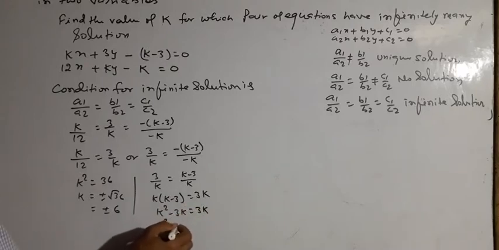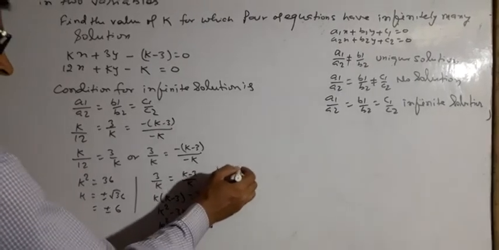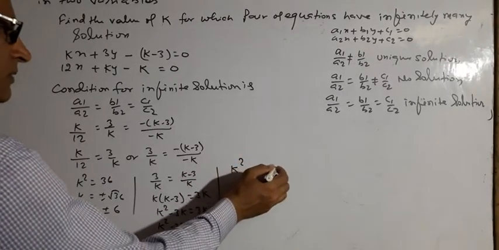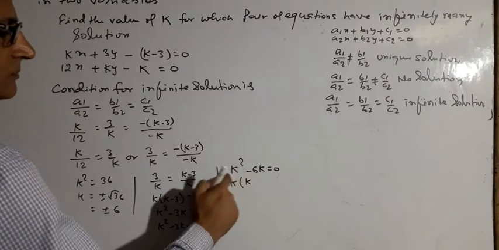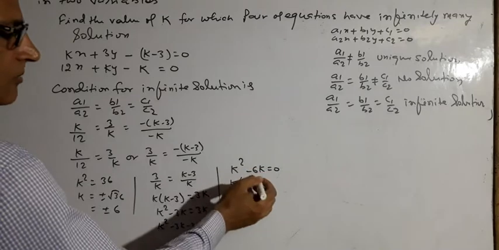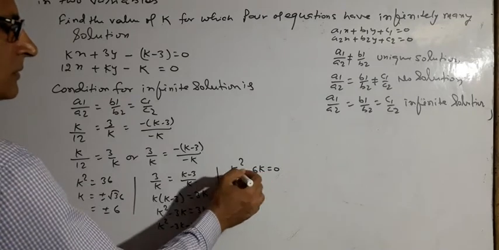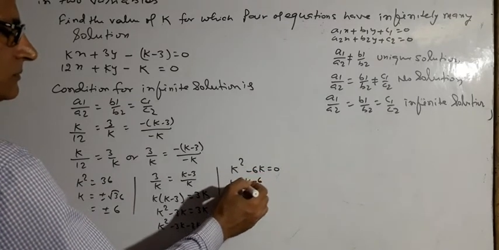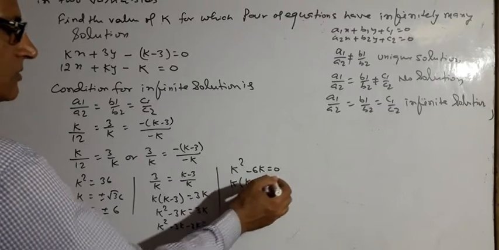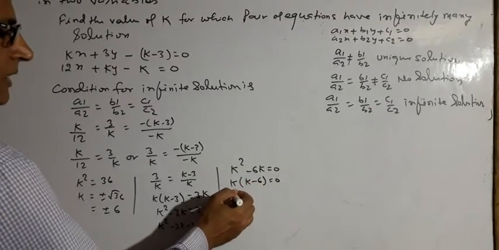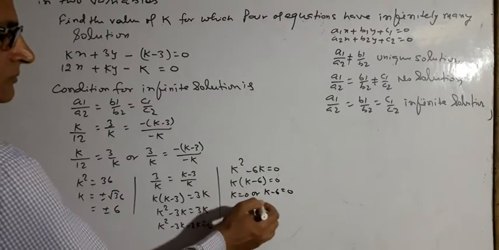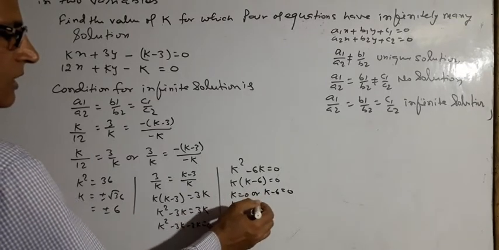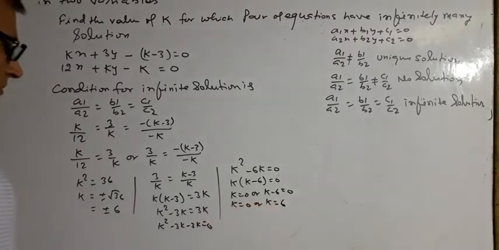K square minus 6k equal to 0. K is common, so taking k common, k into (k minus 6) equal to 0. So k equal to 0 and k minus 6 equal to 0, that is k equal to 0 and k equal to 6.